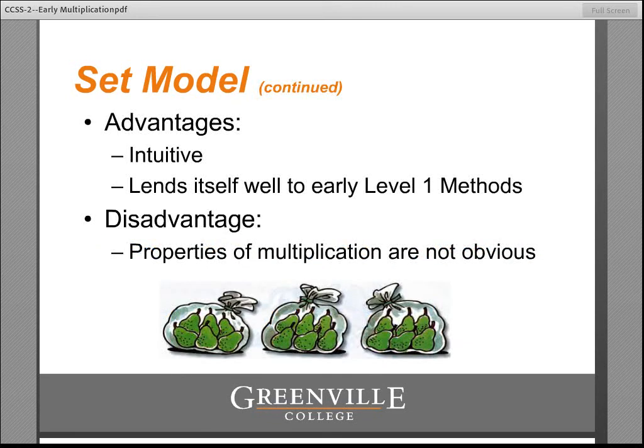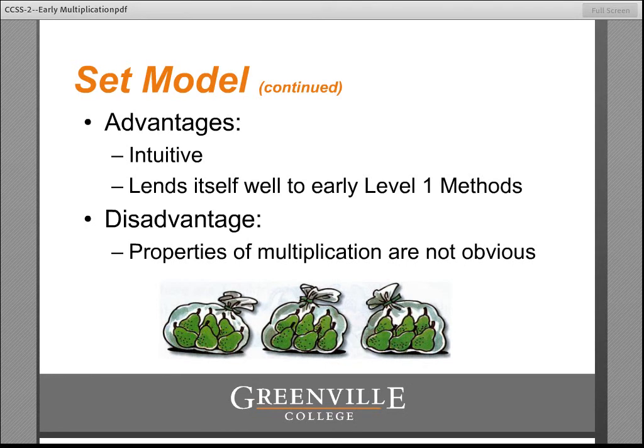The set model works really well for children in the early stages because it's very easy to model. And of course, level 1 methods are where they're kind of acting it out or modeling the problem using visual representations often or concrete materials. So children's first exposure to multiplication almost always uses the set model for this reason.